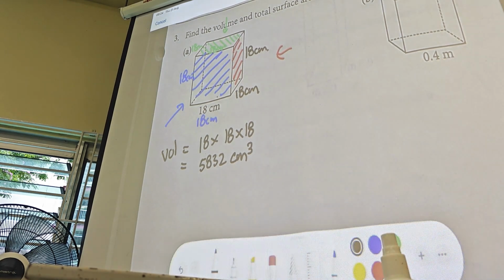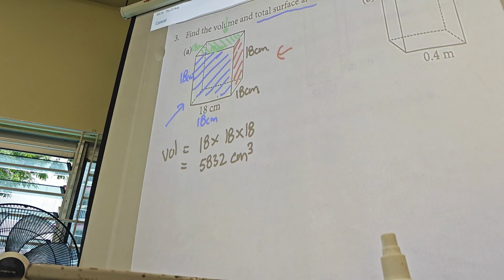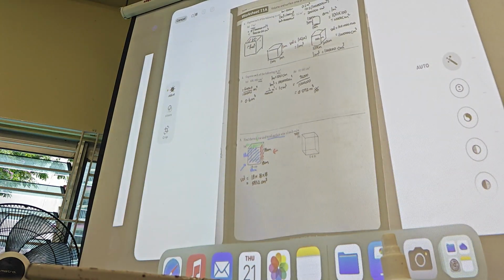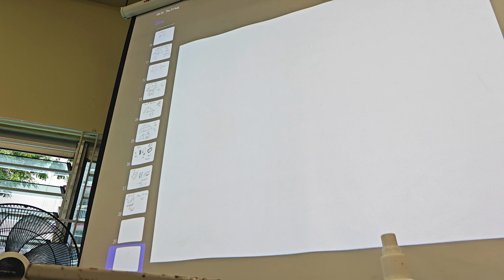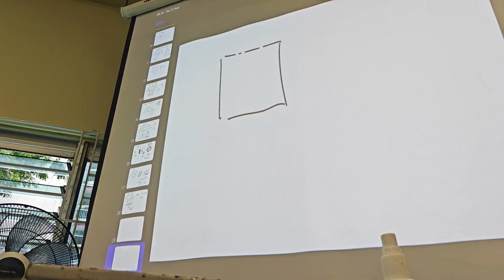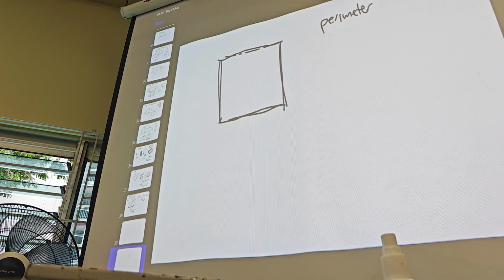Then the next word that we have to be familiar with is total surface area. So right now, if you imagine we have a dice. Last time when we have just an area, let me save this. When we have a flat area, then we talk about perimeter. Perimeter is the line that goes around the area.